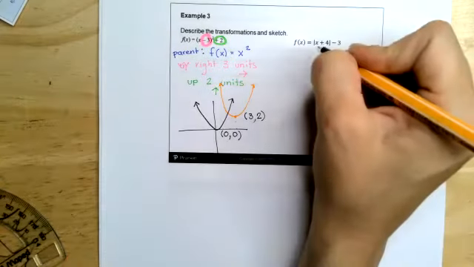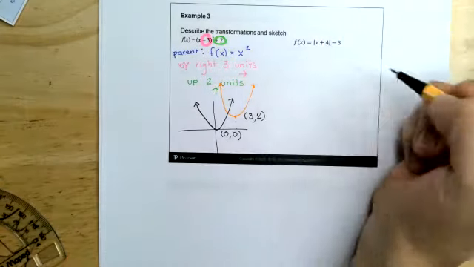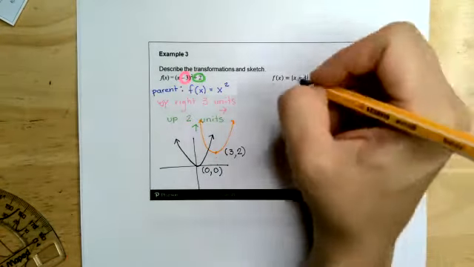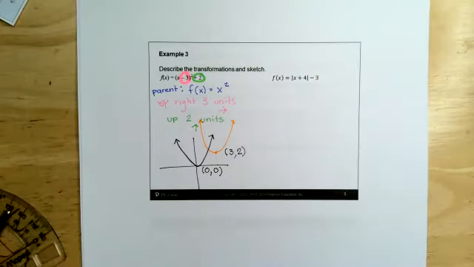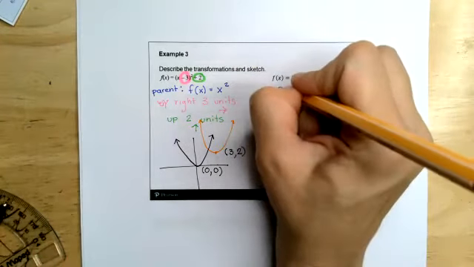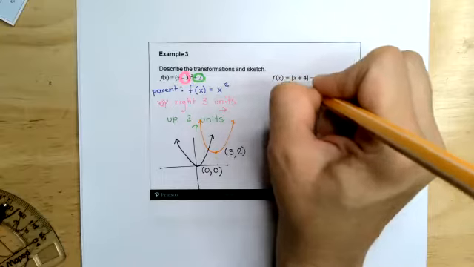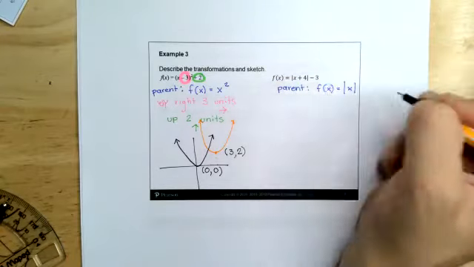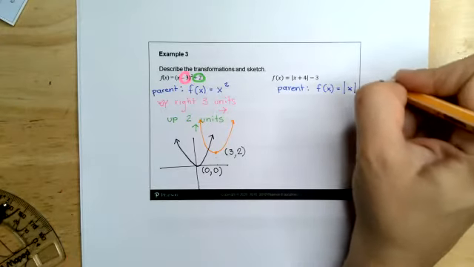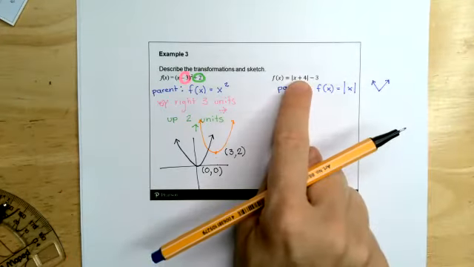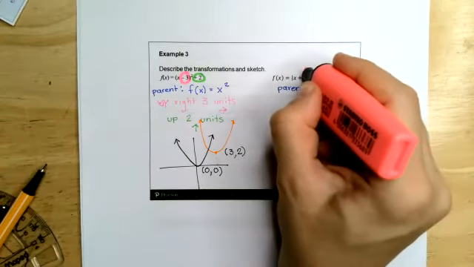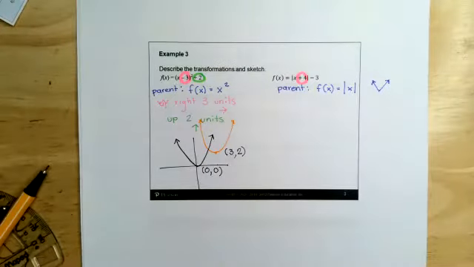Here we have the absolute value of x plus 4 minus 3. Good. So our parent function was f of x equals the absolute value of x. Inside the parentheses we have a +4. Remember, we're doing the opposite of the sign.